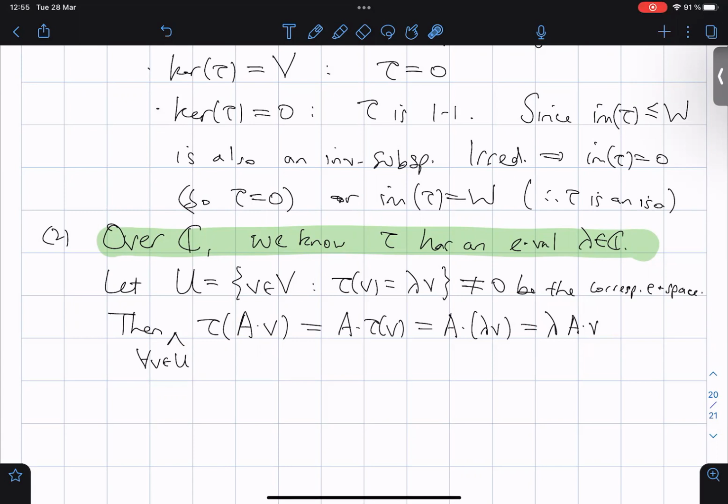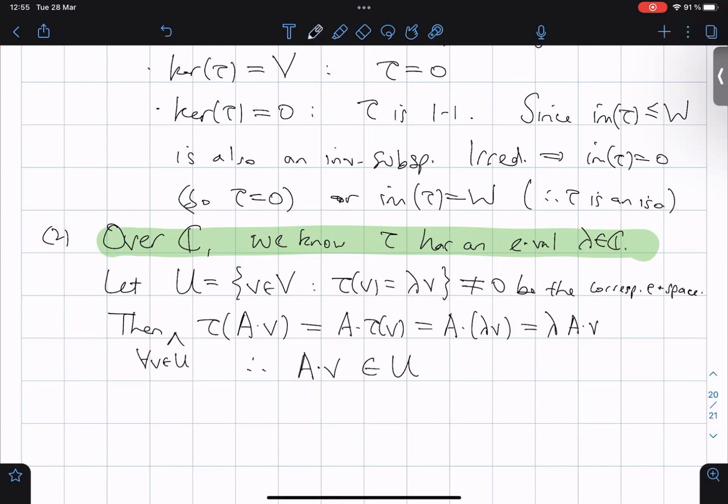So that means that A on v is also in U, because U is defined by those vectors such that tau on that vector is just lambda times that vector.